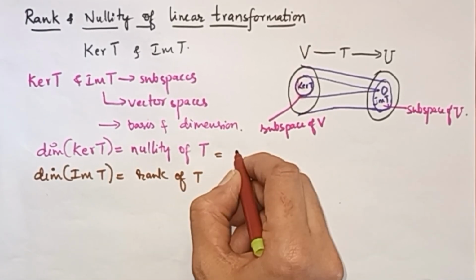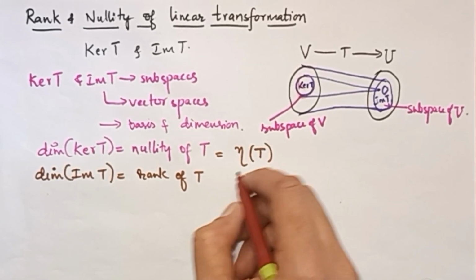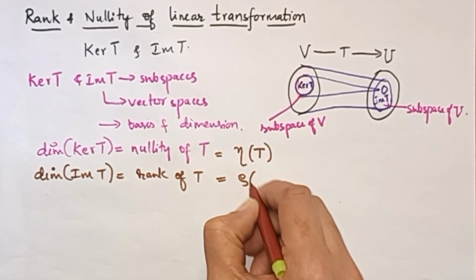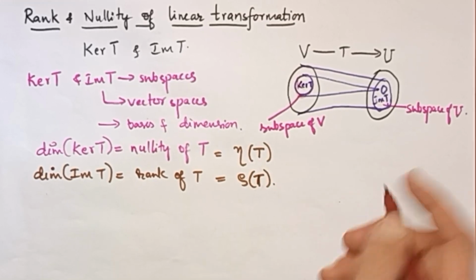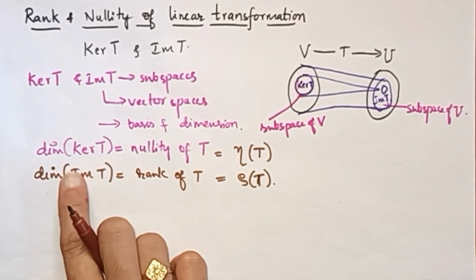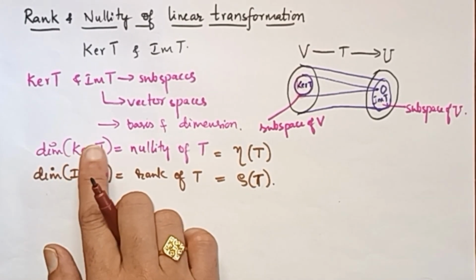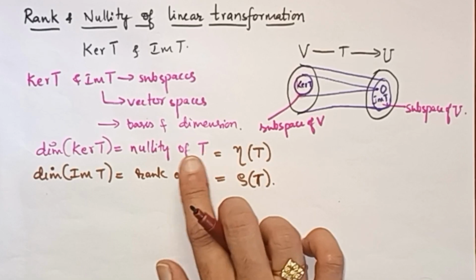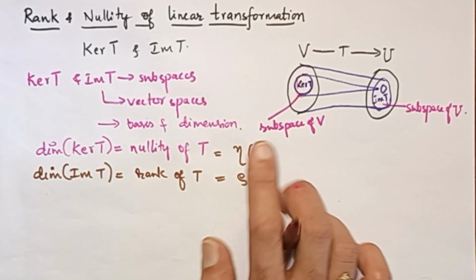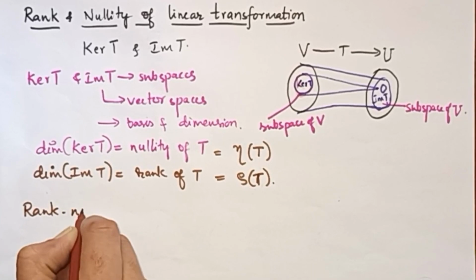Nullity of T can also be denoted as eta of T, and rank of T is rho of T. So the number of elements in the basis of image of T is called the rank of T, and the number of elements in the basis of kernel of T is called the nullity of T. And this leads to the rank nullity theorem.